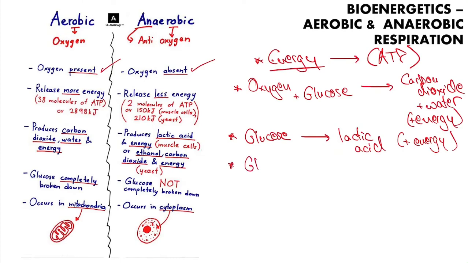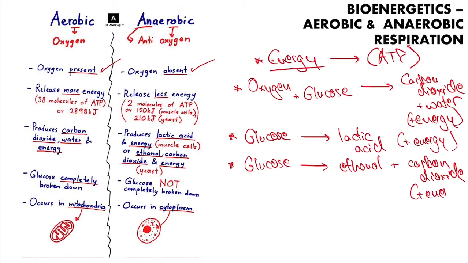Whereas in a plant, glucose can break down into ethanol and carbon dioxide. Obviously, it also produces energy. So, animals, plants.